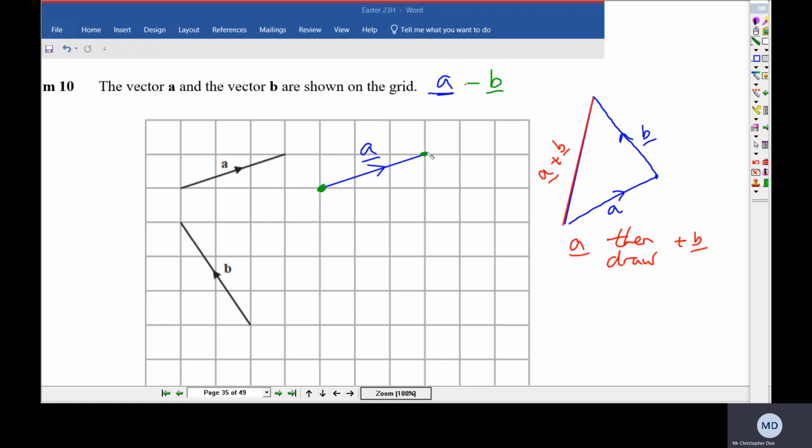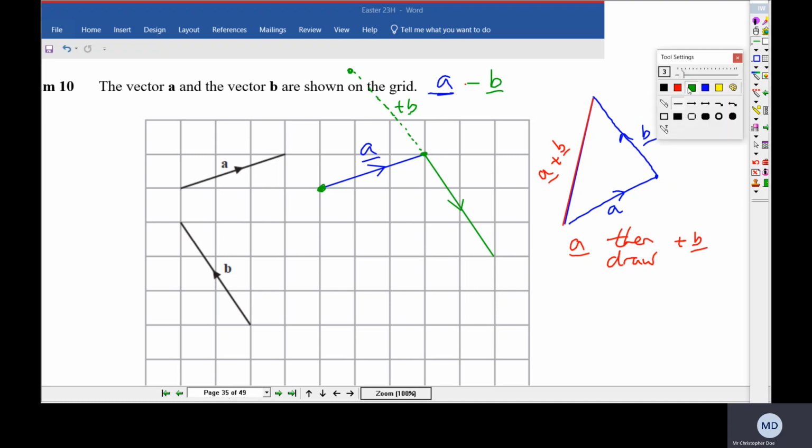But what's minus B? If that's plus B looks to be along 2 up 3. So that will be plus B going up there. So what's minus B then? If you could draw minus B like this, it's going to be the same as that. It's going to be 2 to the right and 3 down. So 2 to the right and 3 down there.